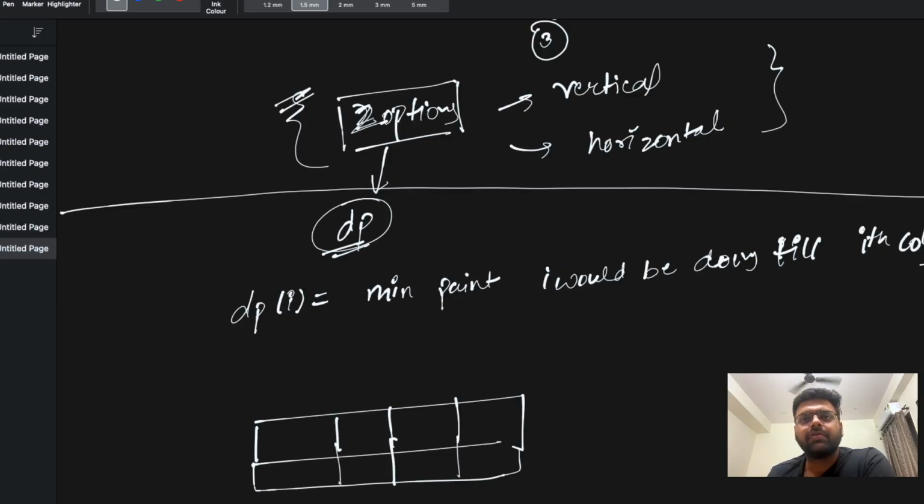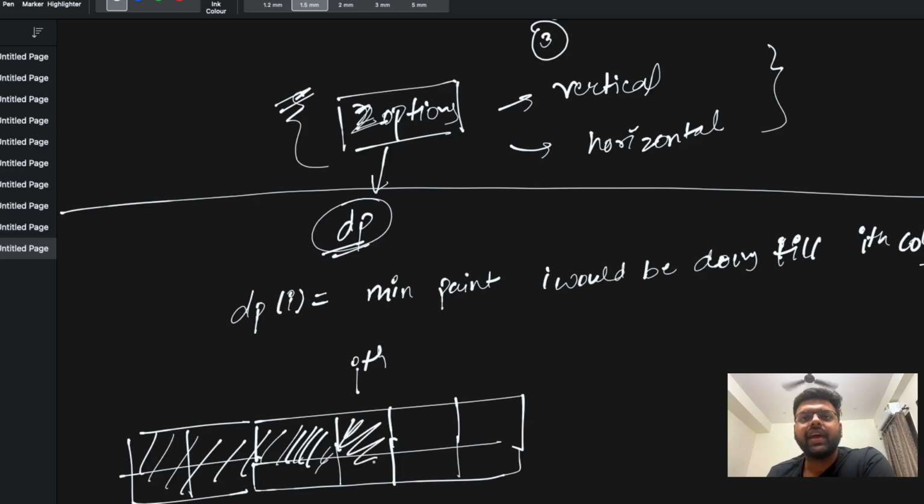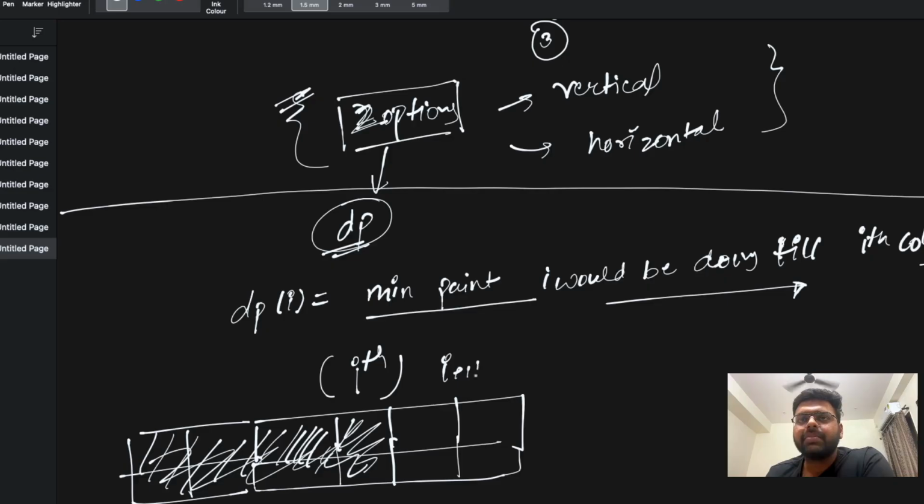Let's suppose this is some ith, and this whole thing is painted, till the ith. So if I would have done DP of i, this would tell me the minimum paint I have done till the ith column. Now when I am dealing with the i plus 1th and i plus 2nd, let's deal with i plus 1 only.